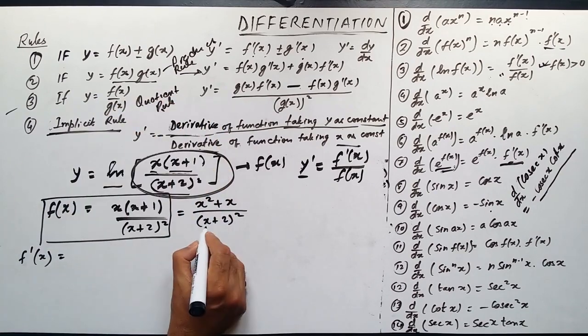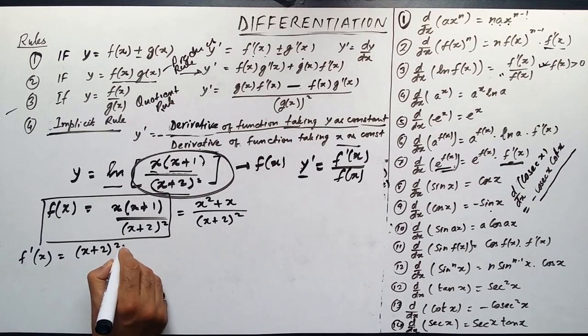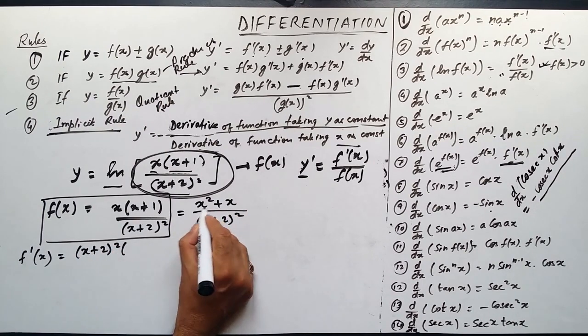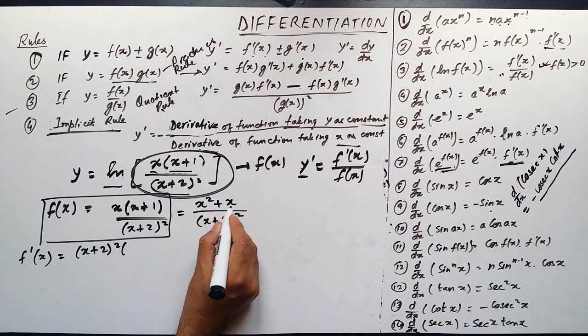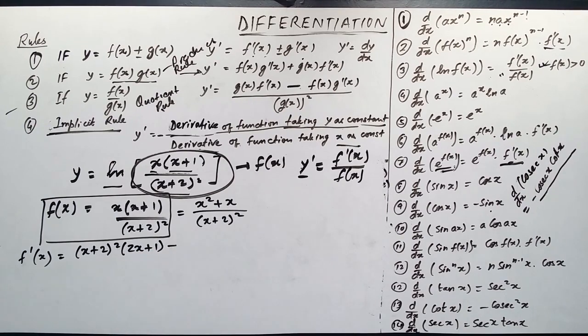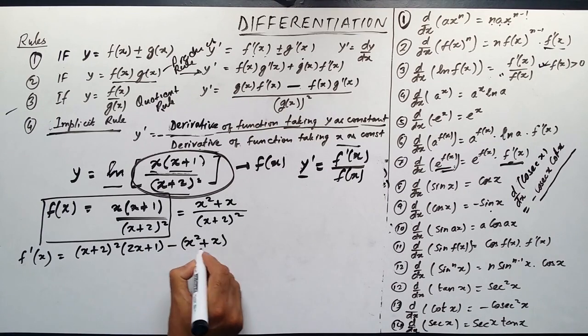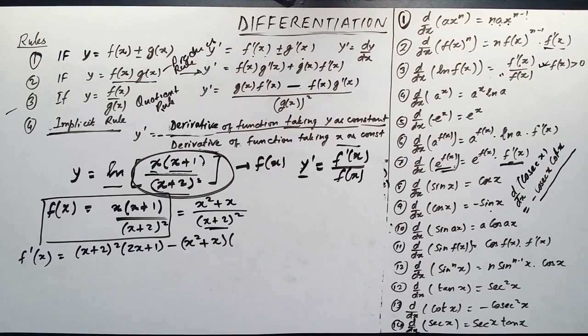So what does the quotient rule say? It is the denominator, that is x plus 2 whole squared, into the derivative of the numerator. What is the derivative of the numerator? It is 2x plus 1, minus the numerator into the derivative of the denominator.